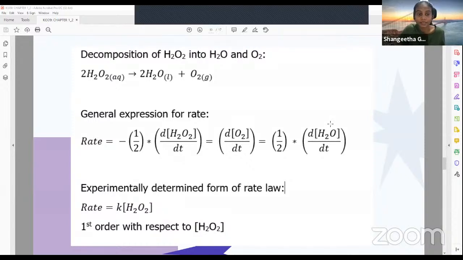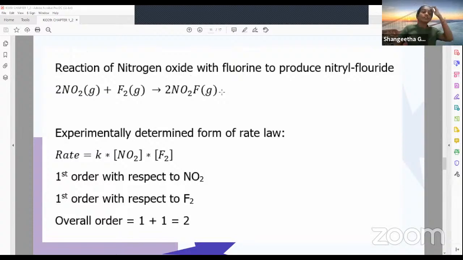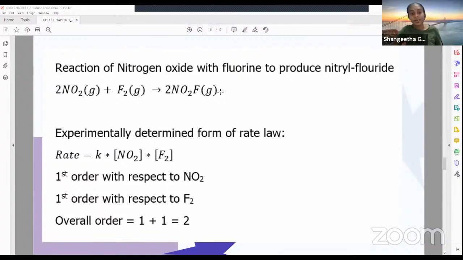Now let's look at the second example. Another example is the reaction of nitrogen oxide with fluorine to produce nitryl fluoride. So you can see here 2NO2 plus F2 gives 2NO2F.